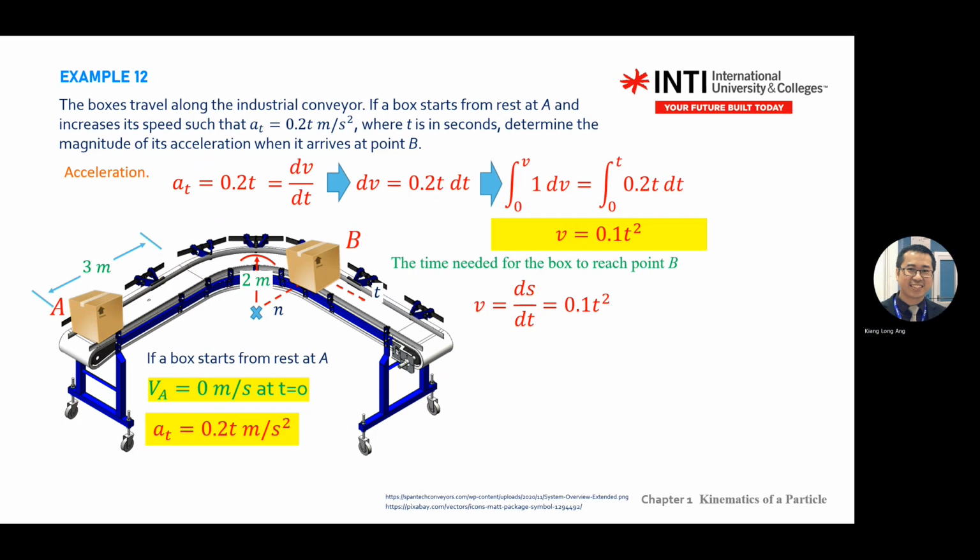Do you agree? What do you get? 0.2 t cubed.